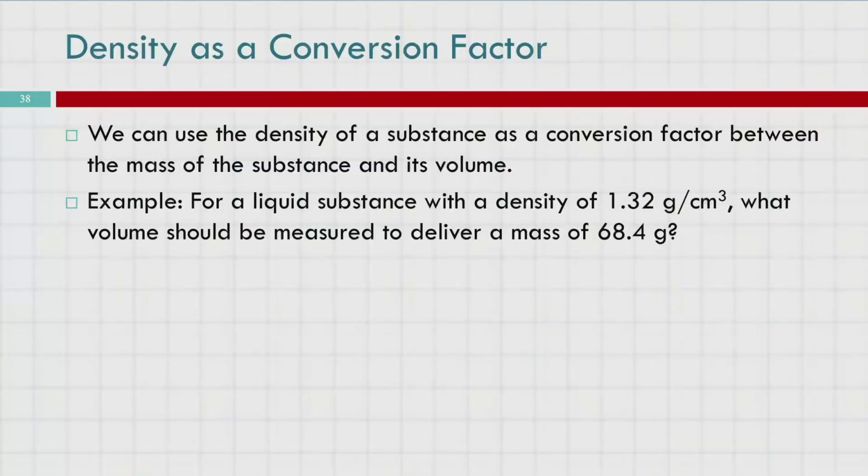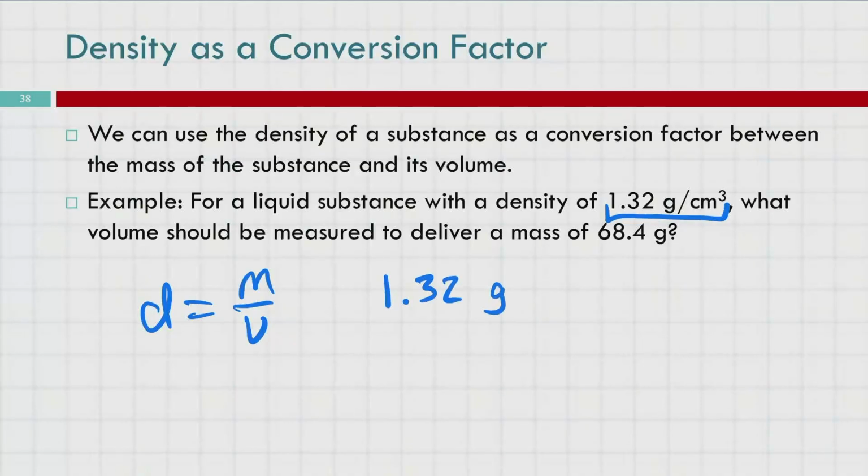We can also use density as a conversion factor. So density is mass over volume. We can use it then to convert between the two units that are in it. For example, if we have a liquid with a density of 1.32 grams per cubic centimeter, we can write it this way.